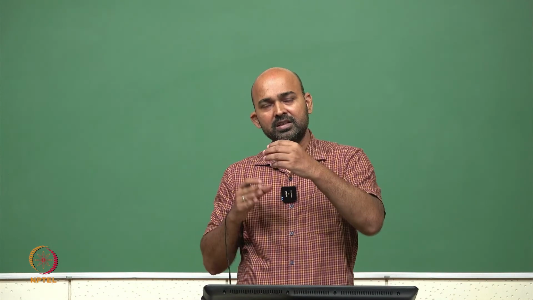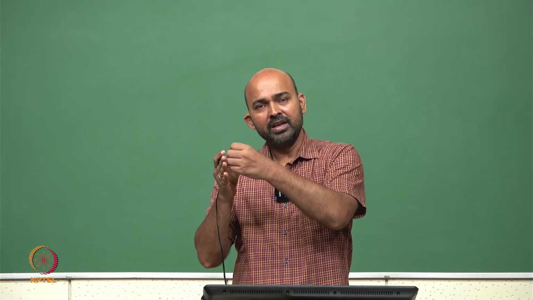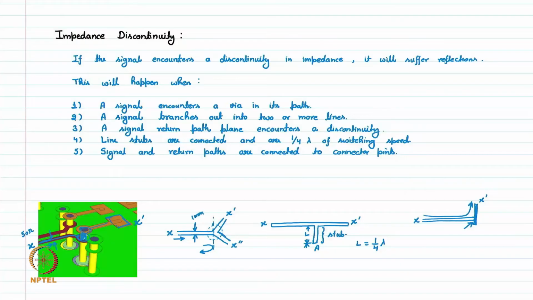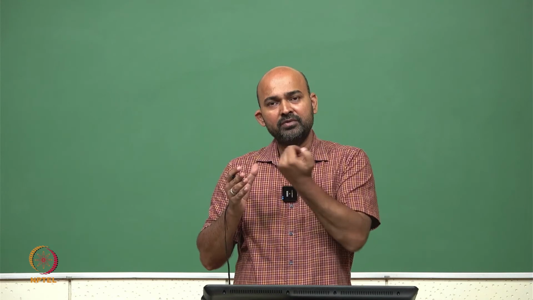So we are sending the signal, let's say, in this direction. At that interface or discontinuity, the signal will hit and some portion of the signal will come back to the sending end, or the near end. Some portion will be reflected. So that is called reflection in the signal.